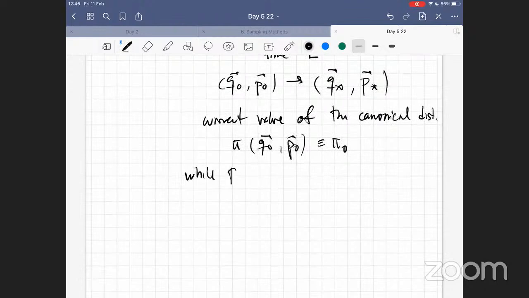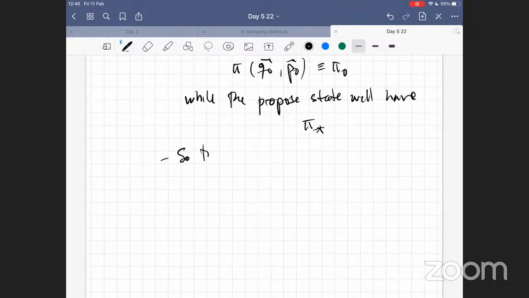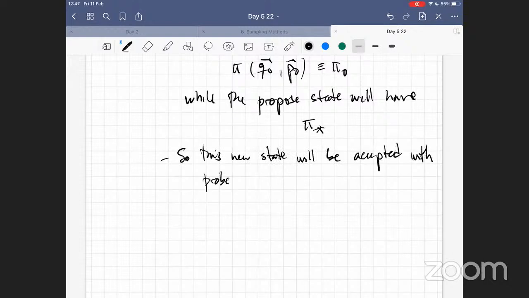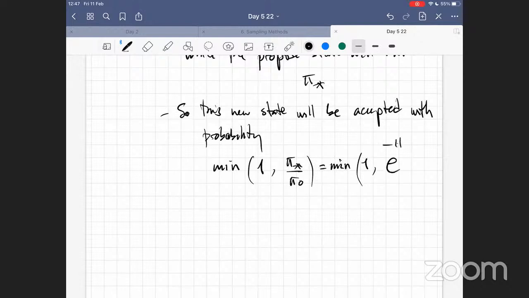While the proposed state will have a canonical distribution given by pi star, and this new state will be accepted with probability given by the minimum between 1 and pi star over pi 0, which is equal to the minimum between 1 and e to the minus H star plus H0.